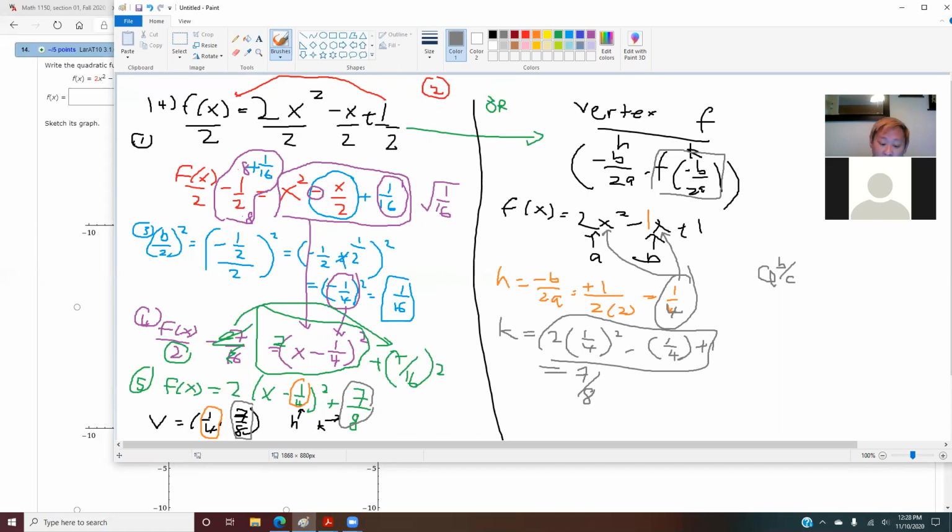If you get 7/8, it means you got it right. The reason why I want you guys to do it is because it's coming up in your test, and I assume you guys are going to use this shortcut, the vertex formula, instead of completing the square. I don't think everyone here would like to use completing the square, what we did in the first part of the question, which is a lot of work. So go ahead and take out your calculator and punch it.